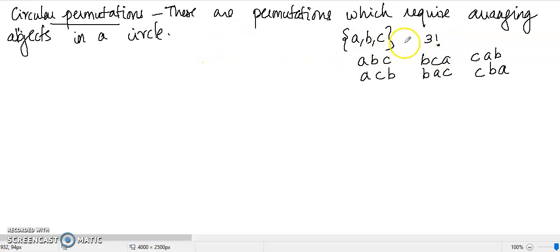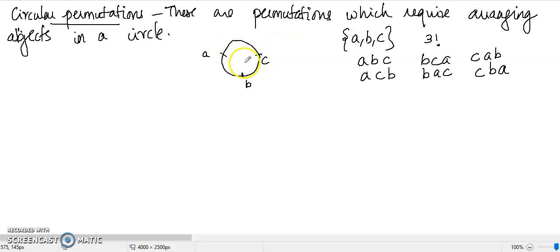Now, if the same elements you have to arrange along a circle, we will look at how many such arrangements are there. So, if I take A, B, C, okay. അപ്പോൾ നമ്മൾ സർക്കിളിൽ അറേഞ്ച് ചെയ്യുമ്പോൾ സർക്കിളിന്റെ പ്രത്യേകത ഇതാണ്, circle does not have a starting point and ending point.